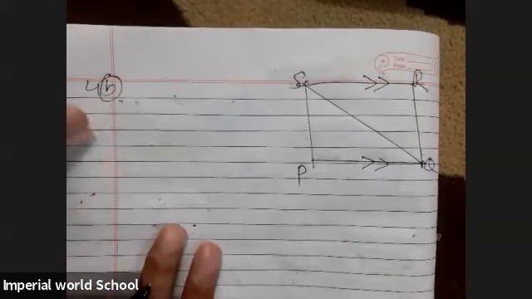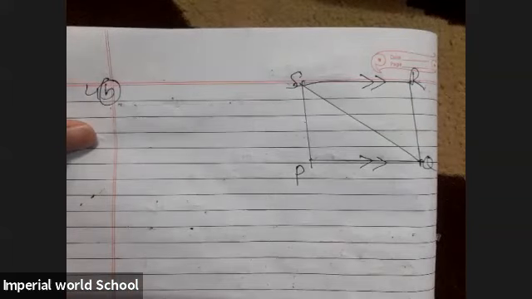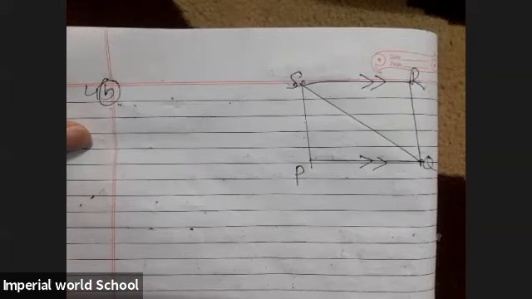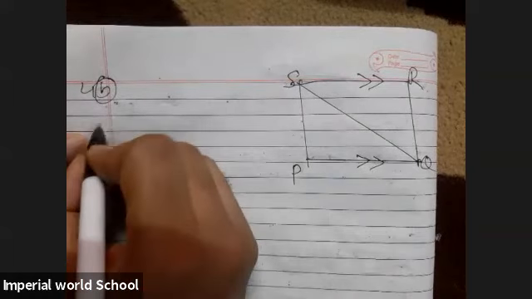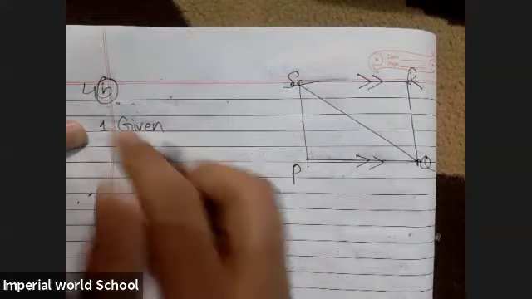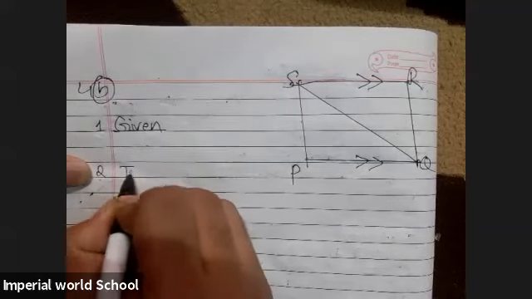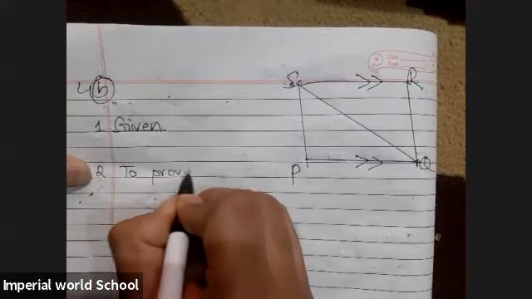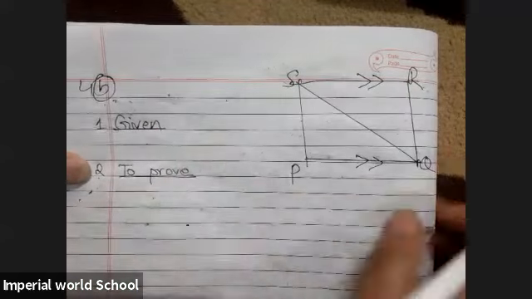Okay, while doing a theorem, what are the three different titles? First one is given. I'm leaving two spaces for given, and of course the second one is for "to prove". "To prove" is what the question has asked.